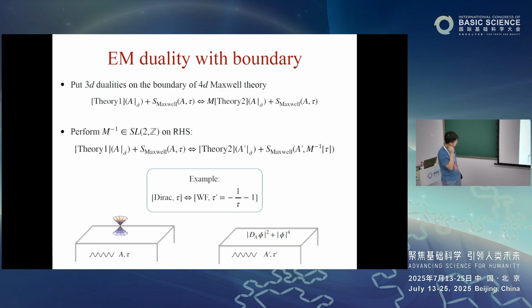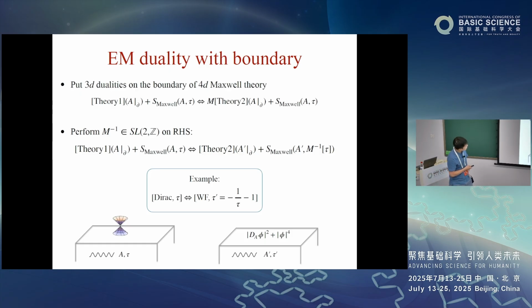It's derived in our paper. If you're curious, you can take a look. But it turns out you can perform these SL2Z operations on both sides and generate some neat statements. For example, you can perform an inverse SL2Z operation on the right-hand side.